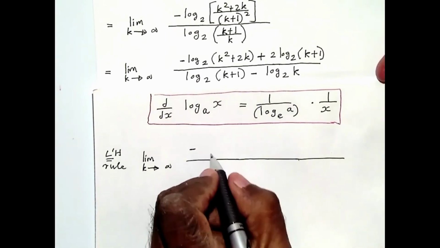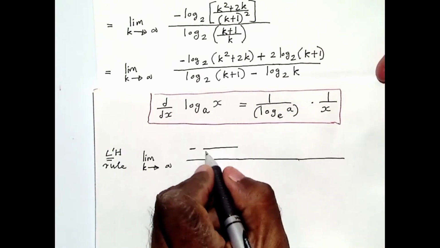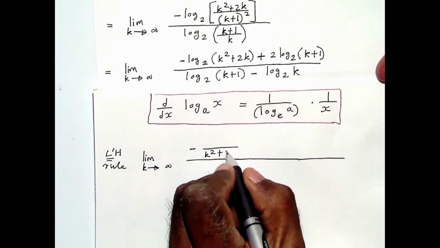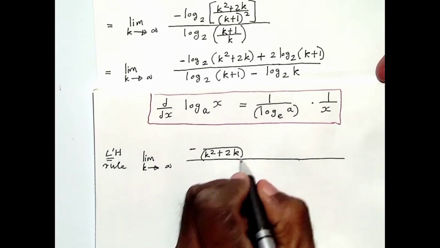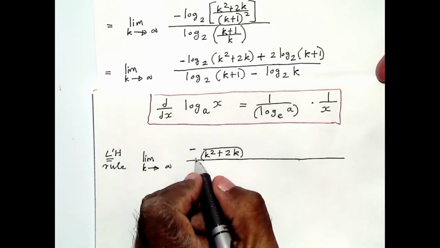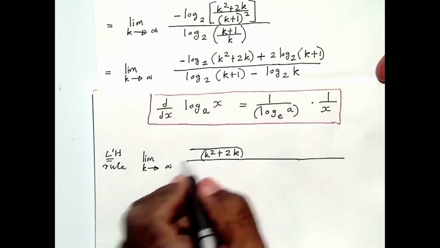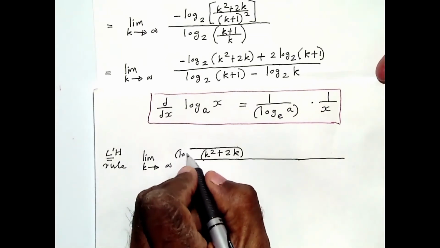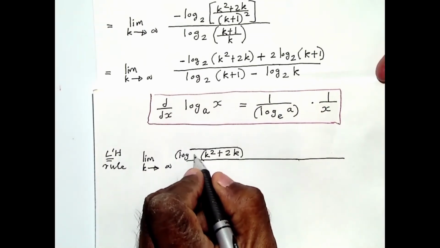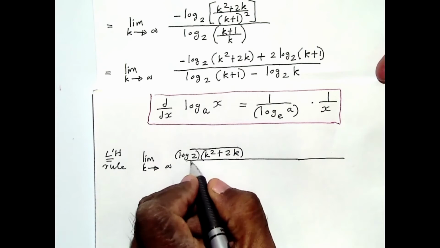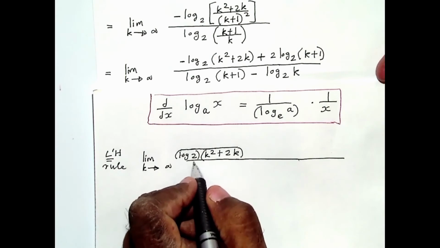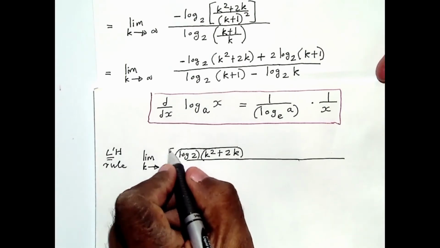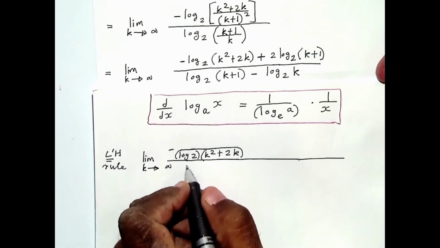Minus, multiplied by log of 2 to the base e. I'm not going to write e because log of 2 means to the base e.